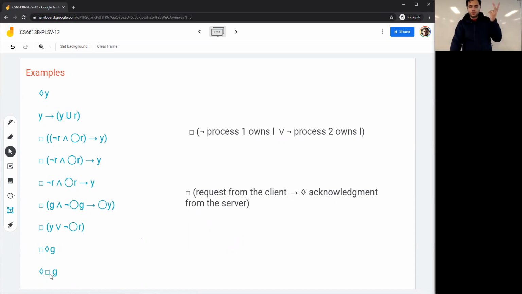What if we swap the two operators? What if I say eventually always green? Is it the same as eventually green? No, because always green is not the same as green, right? So what does always green mean?